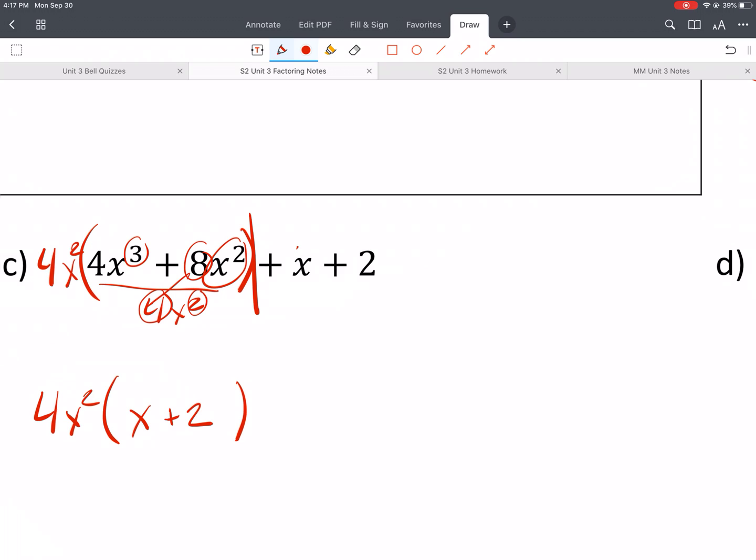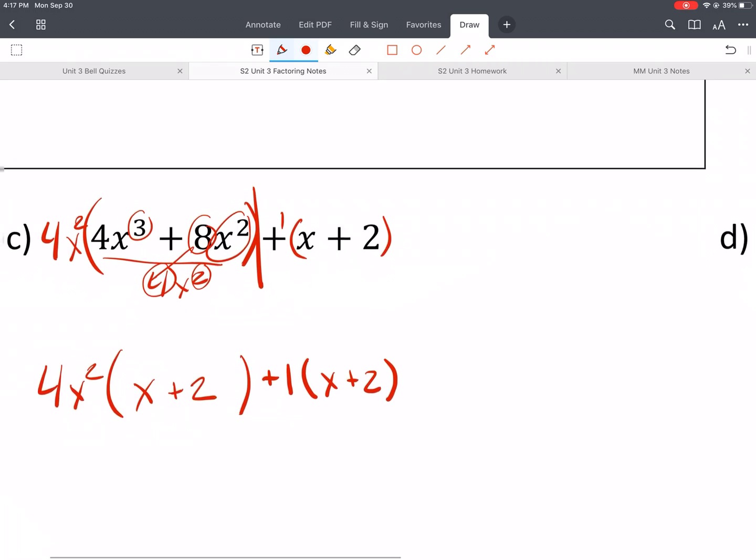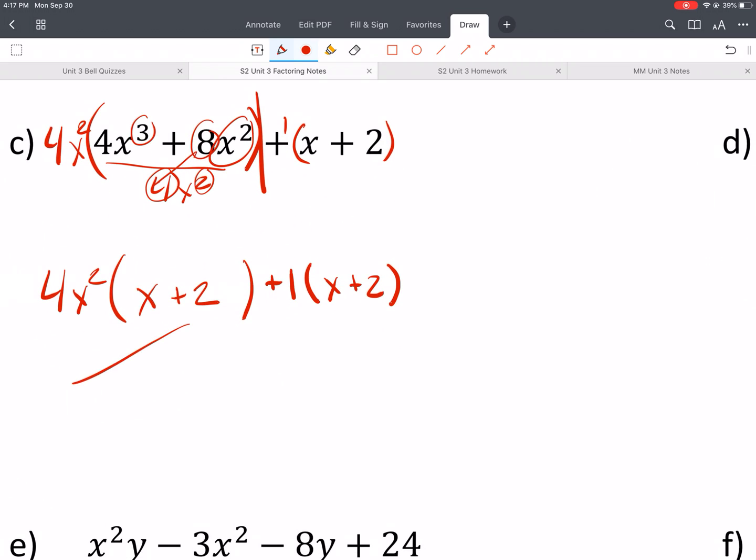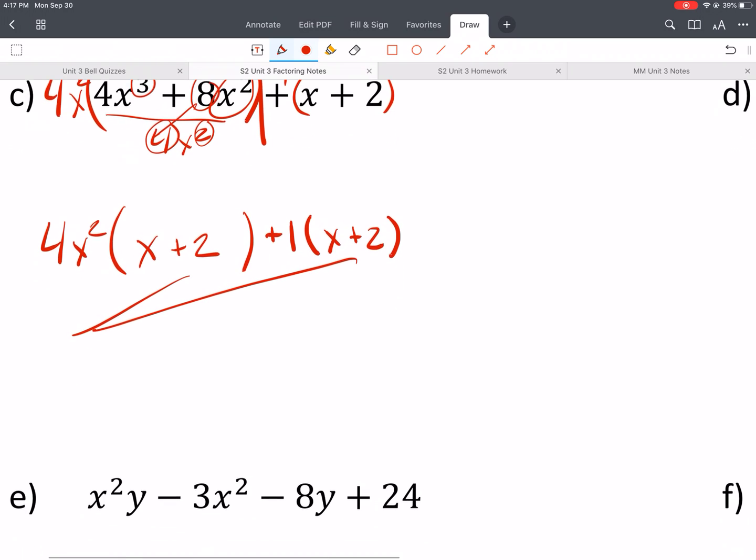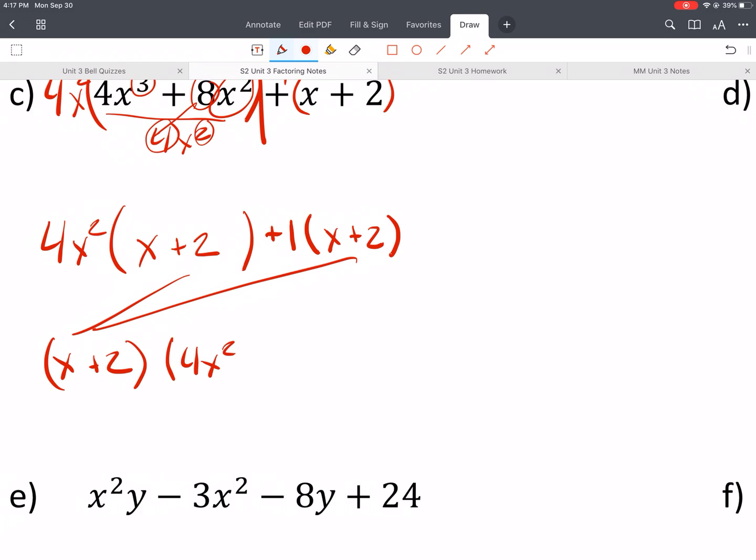Okay, if there's nothing we can factor out, always factor out a 1. So here we'd have plus 1 times x plus 4. That way, when we factor out this GCF, we'll get x plus 2, and then we'd have 4x squared plus 1.